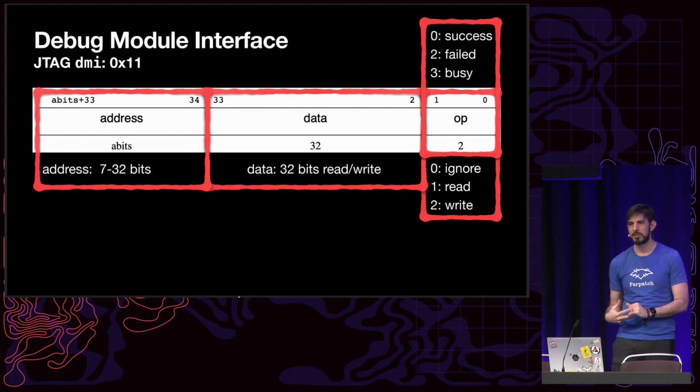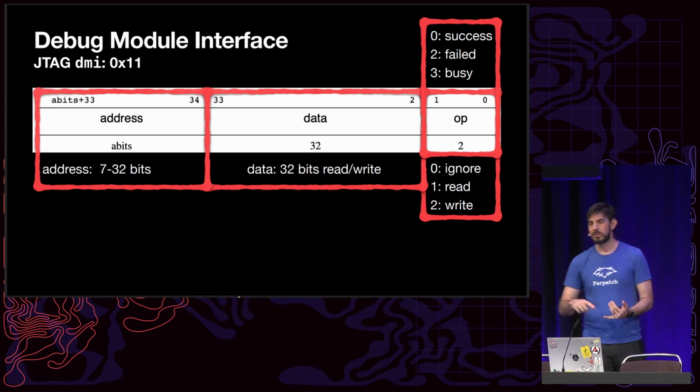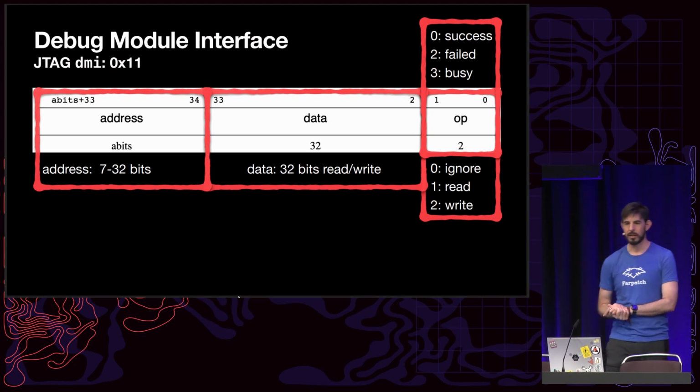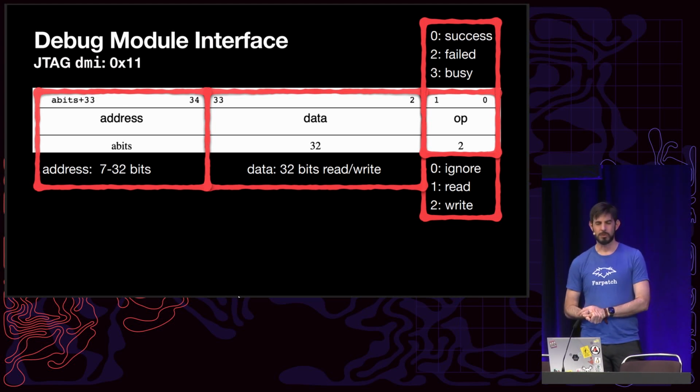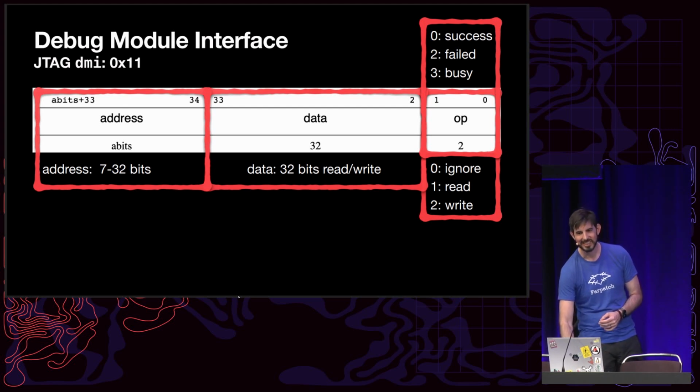And of course, it will respond to you at the exact same time. 0 means success, 2 means failed, 3 means, hey, I'm still working on it. Then 32 bits of read and write, and then however many address bits it said you can have, and then the actual data. And there are 511 different possible commands, most of which are fortunately not required or even implemented on most targets.